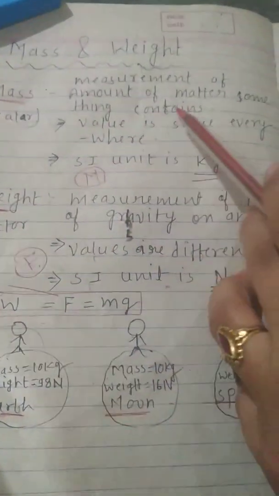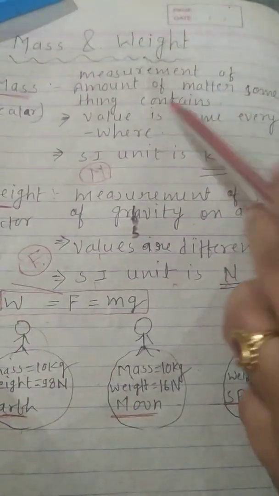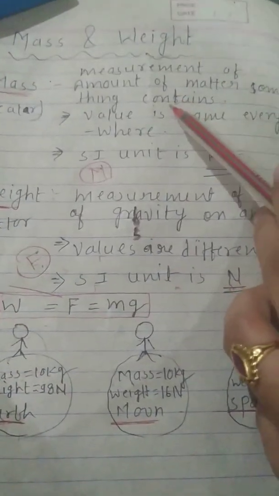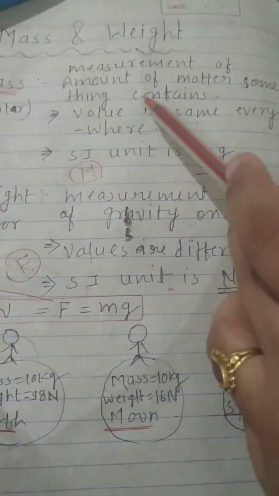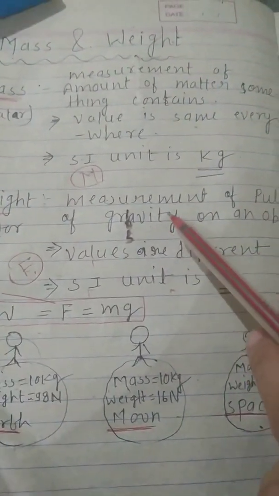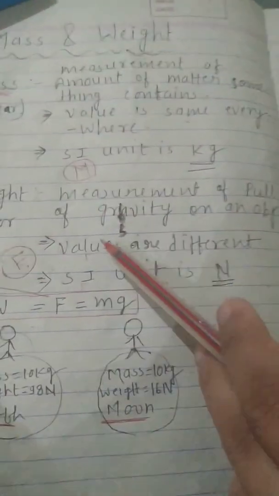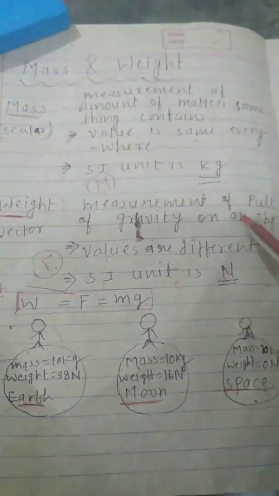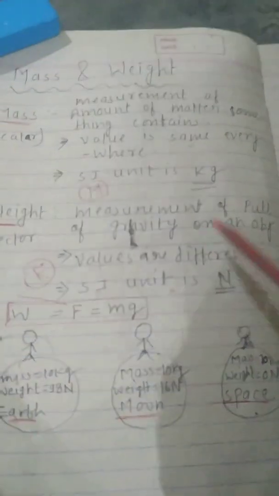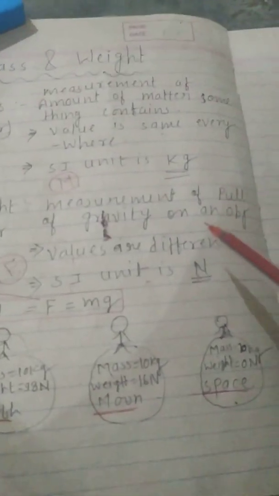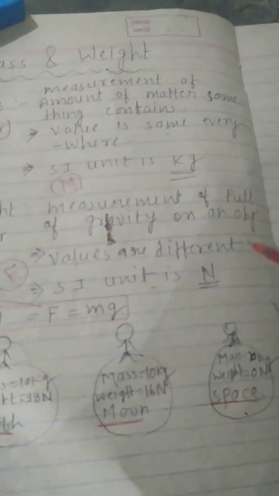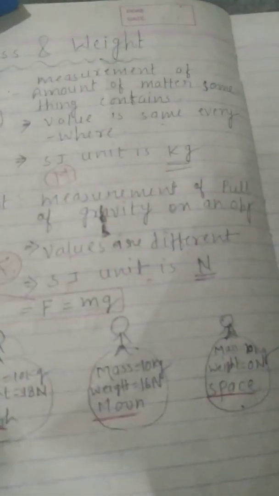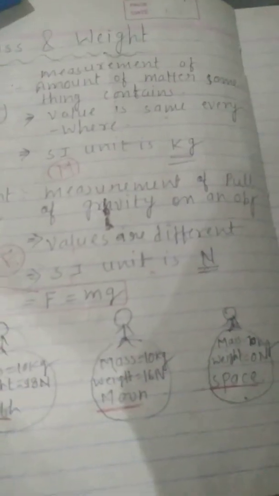What is mass? Mass is a measurement of the amount of matter an object contains. And what is weight? Weight is a measurement of the pull of gravity on an object. That means the earth exerts a force to pull the object.